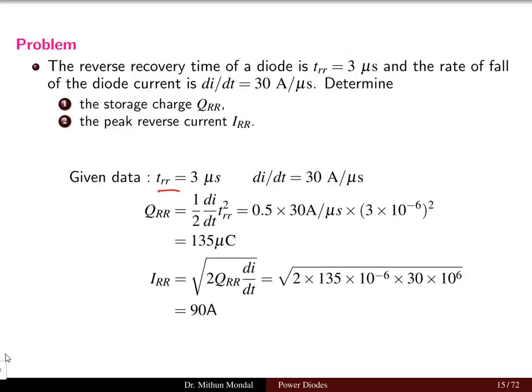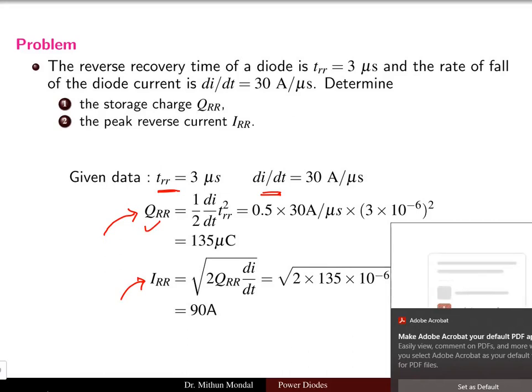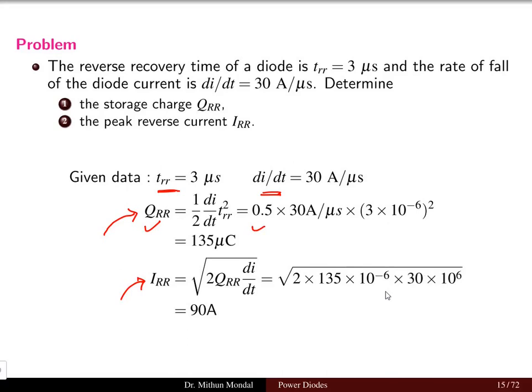So the given data TRR and di by dt will be useful in finding the QRR and IRR equations. So here you can put it in the QRR equation which was discussed previously and in the IRR equation, and you can find out how much charge.